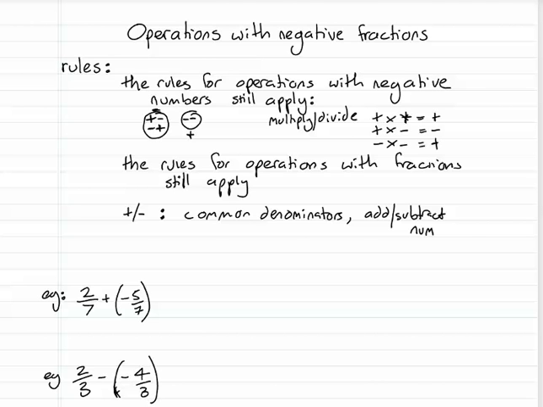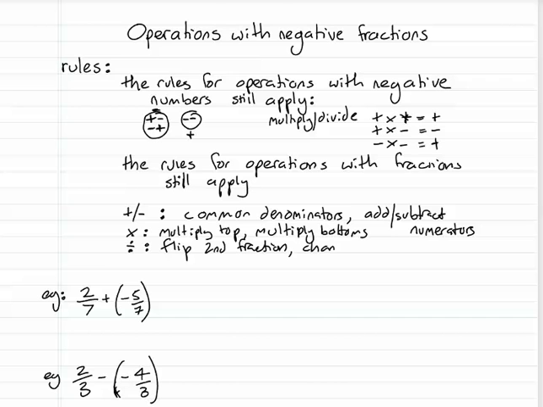Multiplying, we multiply the top and we multiply the bottoms. Dividing, flip the second fraction, change it to times, and then we multiply. So the rules still hold.